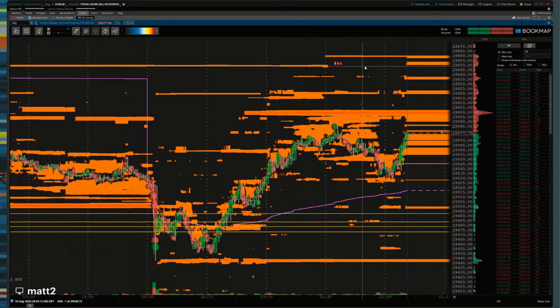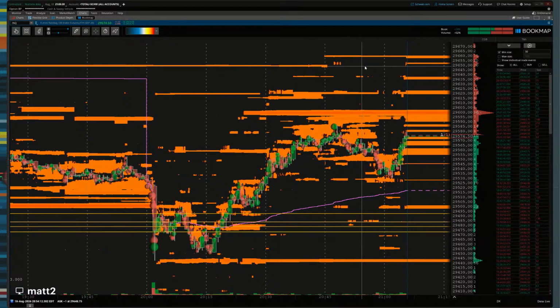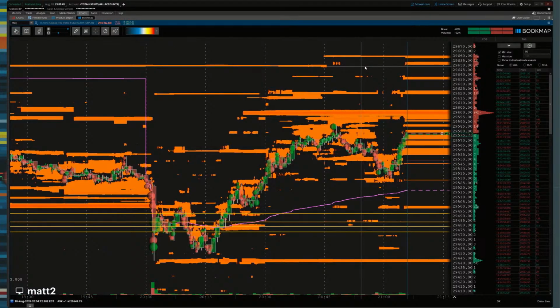Somebody said, "What time frame do you like on Bookmap?" There's no other time frame than 1 minute to look at. I mean, you could break it up into time slices if you really want to break it down. But you're looking at 1 minute candles, and if you zoom in, you can look at the nanoseconds of that candle.